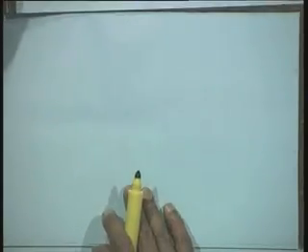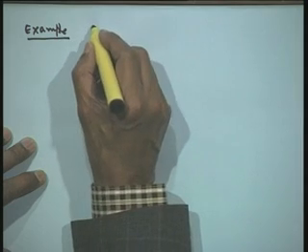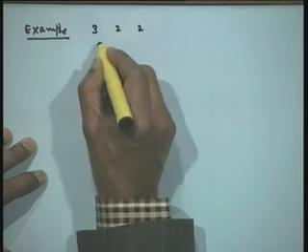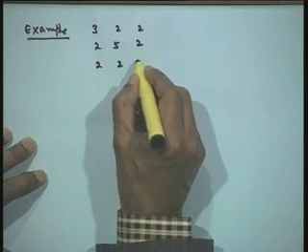Now, let us take a simple example for a symmetric matrix. Let us take this example. Let me take this as 3 2 2, 2 5 2, 2 2 3.